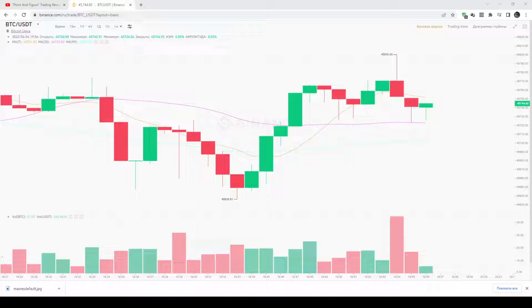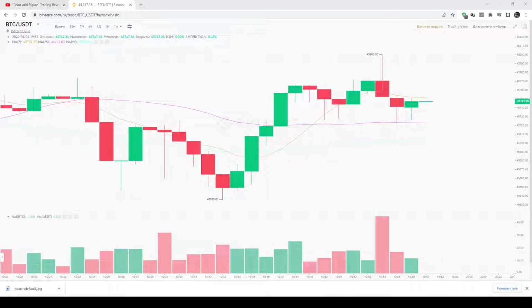The objective of a point and figure chart is to identify the points at which the supply-demand relationship changes. These are known as breakouts. These changes will very probably lead to significant moves in the price. The green X's are price increases, and the red O's are price decreases.